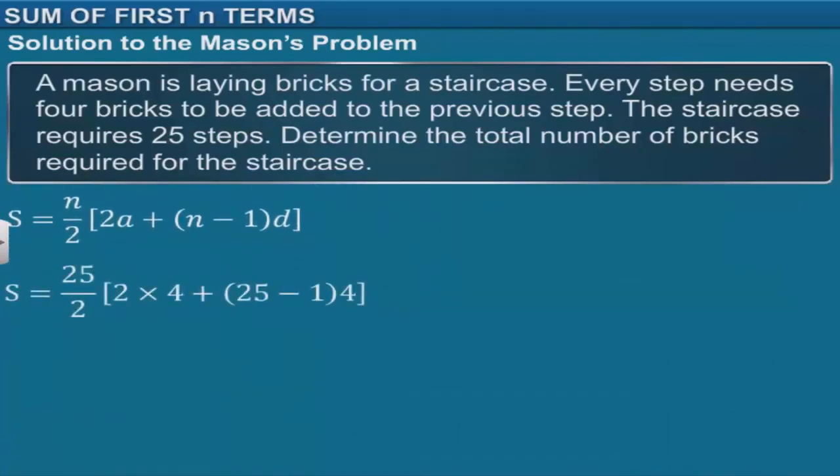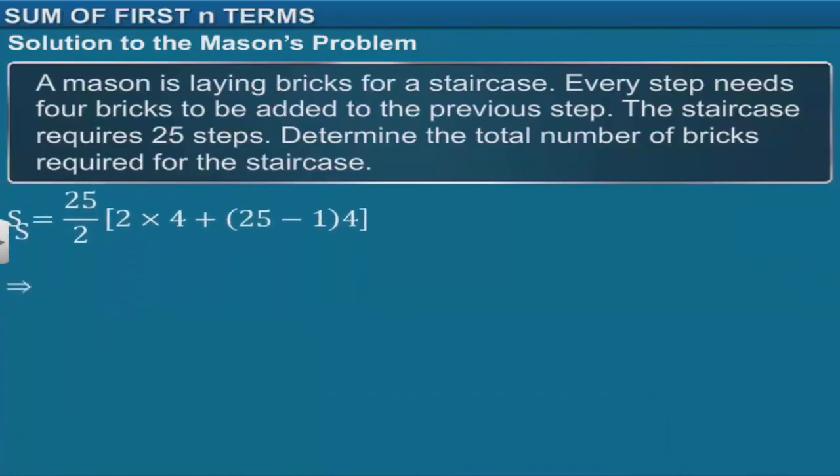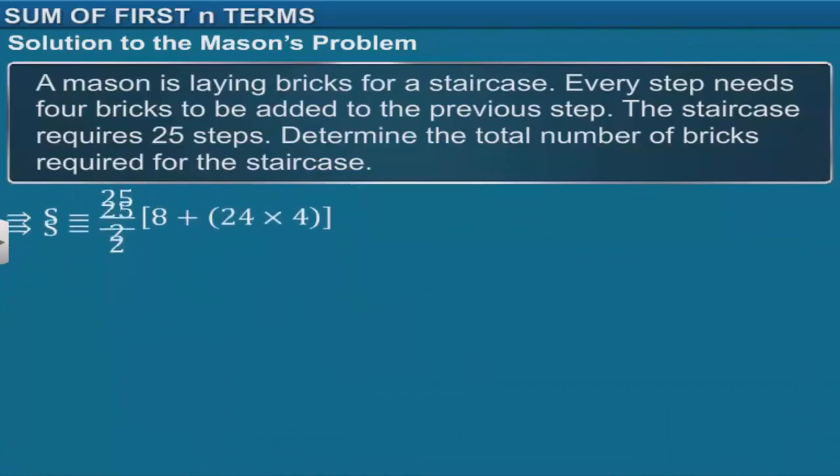After simplifying, you get s equals 1300. Therefore, the mason requires a total of 1300 bricks to construct a staircase of 25 steps.